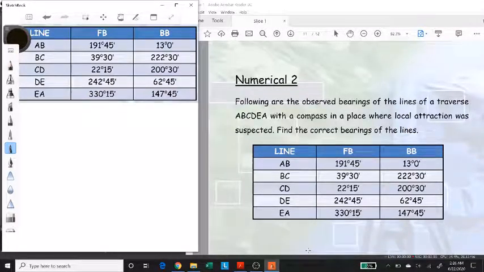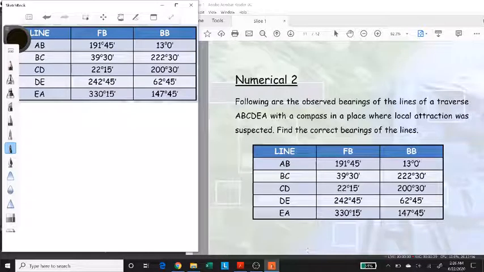But since we are working with the compass and we have that liberty of using the other method, which is finding out the difference between the forward bearing and the back bearing and keeping it as 180 degrees, we can do it with more accuracy, because now we would be applying corrections to the actual points and not every side or every point.